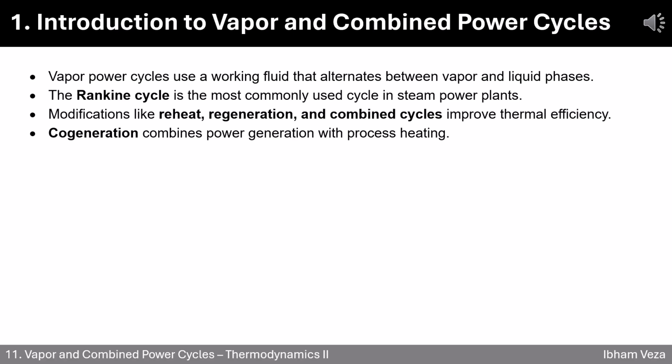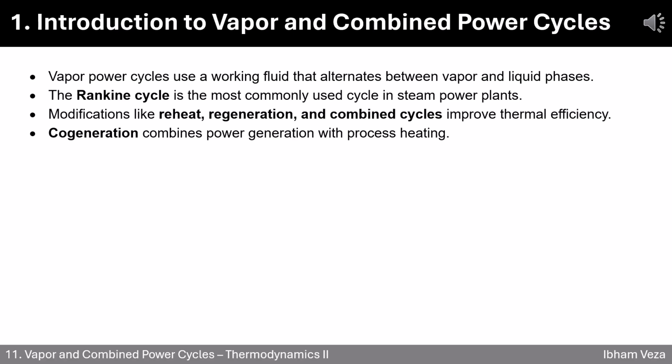But to make these systems more efficient, engineers have come up with smart modifications. Methods like reheating the steam, regenerating heat within the system, and combining cycles together can squeeze out more useful work from the same amount of fuel. And there's something even more efficient: cogeneration.